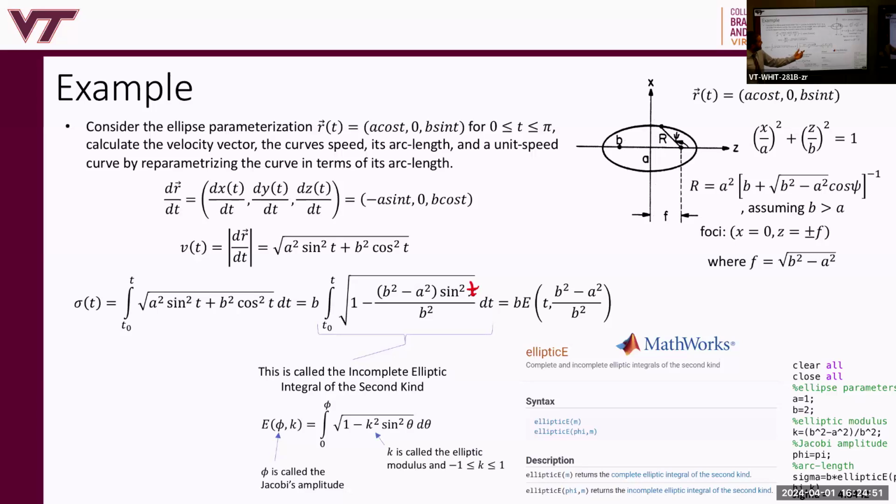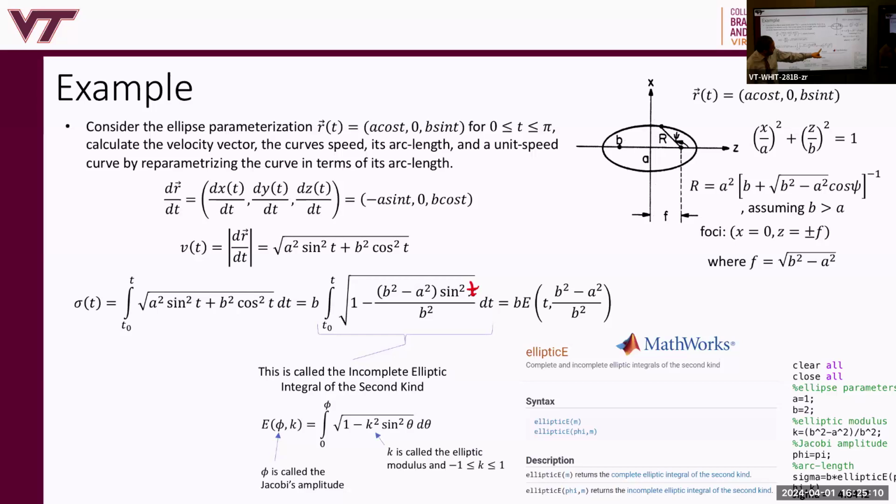I have to integrate this integrand here. It's been done enough that it's been given a special name, the incomplete elliptic integral of the second kind, and this is tabulated as a table. MATLAB has a function called elliptic E, and you can use the built-in function to evaluate it, the same as putting sine there, right?